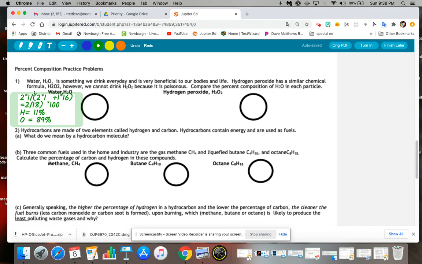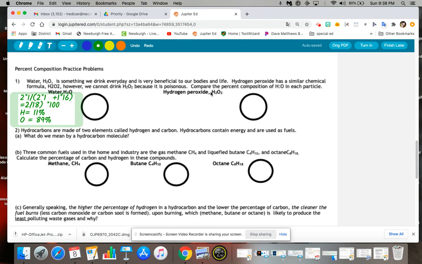Or if you like, you can also go through and there's 1 oxygen, which is 16, divided by 18 times 100, and you also will get 89%. Again, we count the number of each atom, and we also look at their weight on the periodic table.